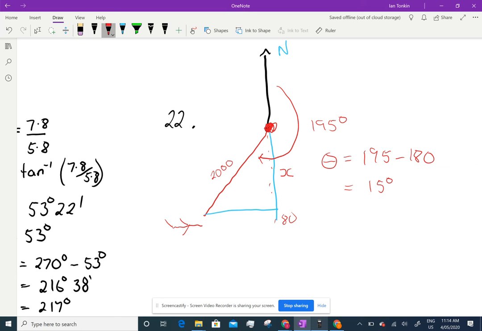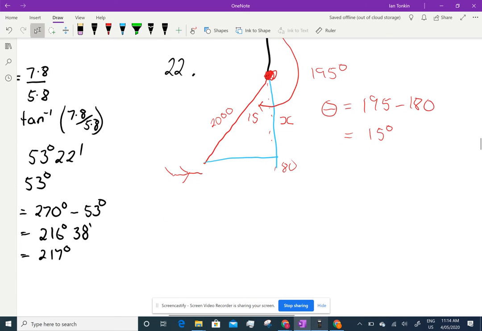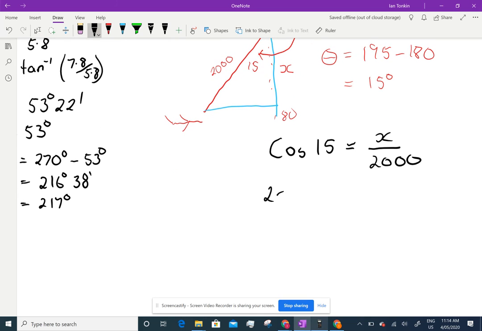Well, I know this is 15, and I've got my adjacent and the hypotenuse. So I'm going to go cos 15 equals adjacent X over hypotenuse 2,000. So I go 2,000 times cos 15 equals X.